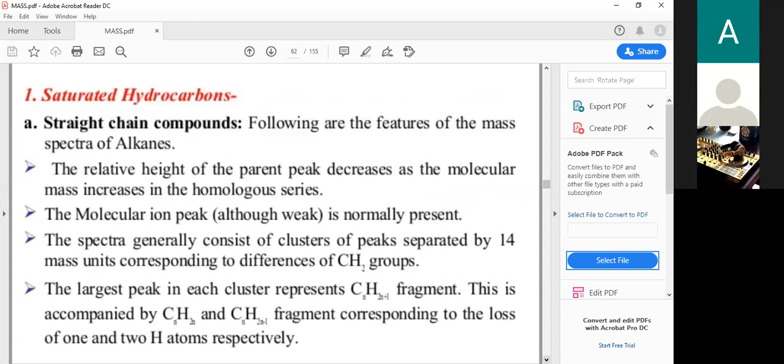In mass spectrometry, we have discussed the fragmentation process, the basic things, how a mass spectrum looks like and how it is represented, and what types of ions are produced in mass spectrometry. Then we saw the general rules for fragmentation, and by what modes the fragmentation takes place. Up to here we discussed.